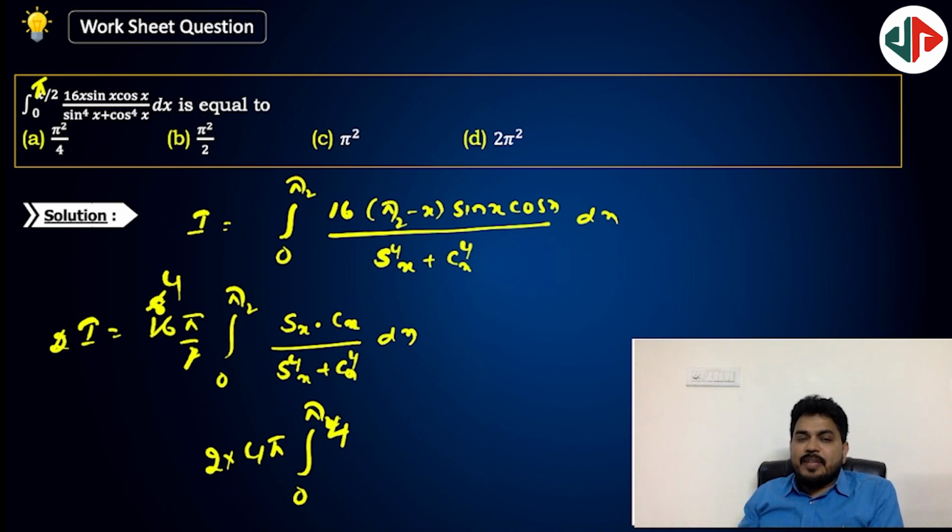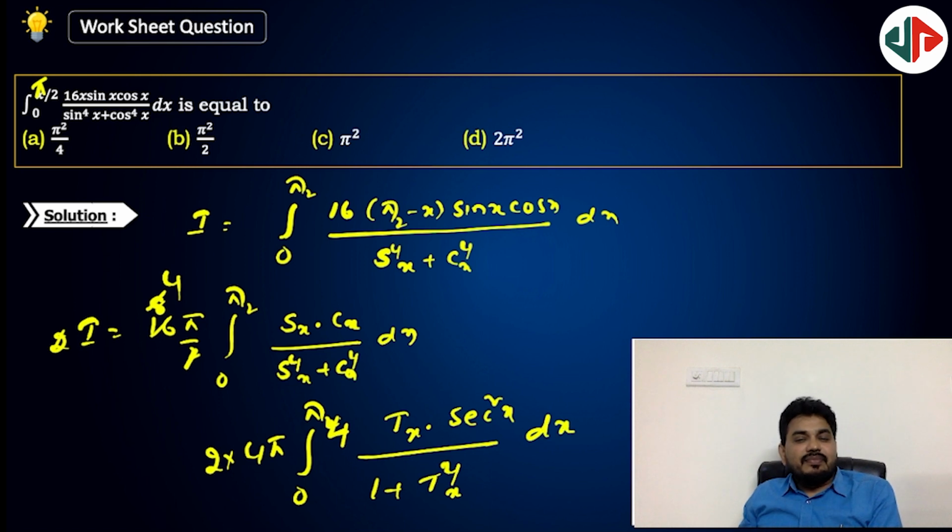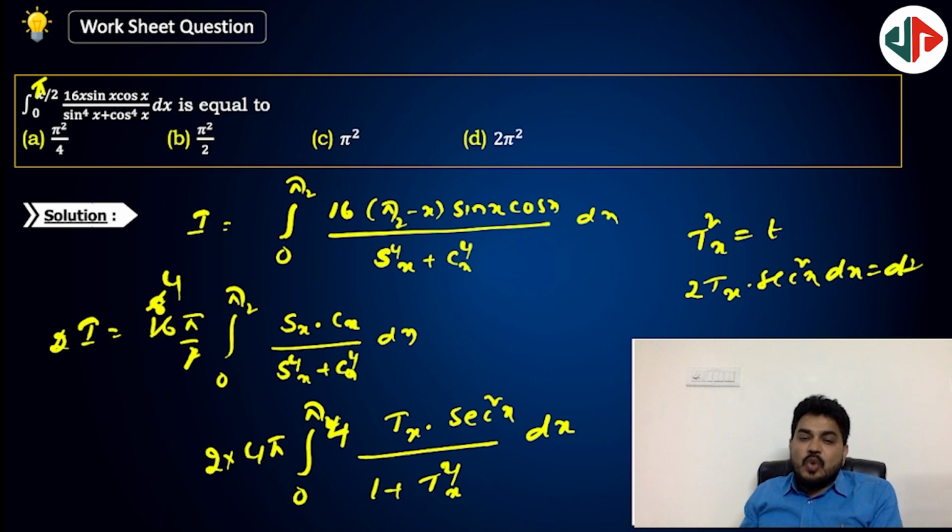One cos x will be there, and this one will be tan x, and cos square x, that means secant square x, by 1 plus tan power 4x dx. So what I'll do is tan square x is equal to t. So 2 tan x secant square x dx is equal to dt. So this whole thing is dt with this one, so directly you'll get the answer.